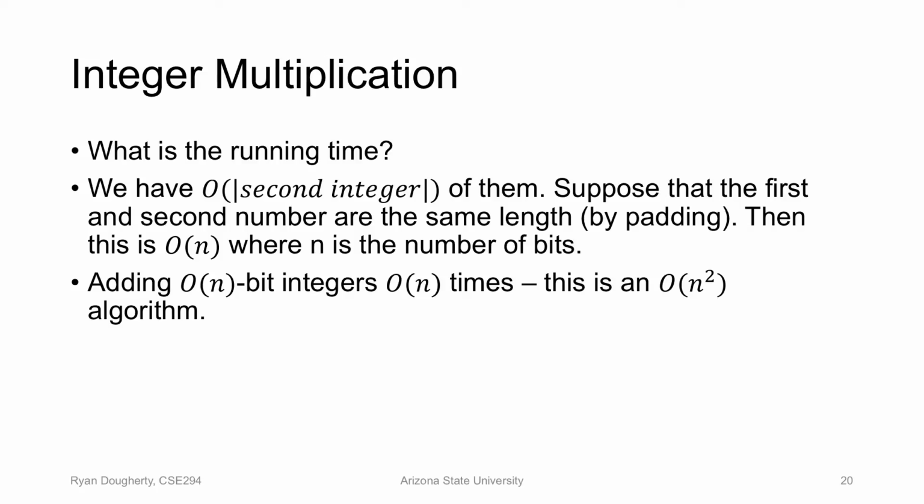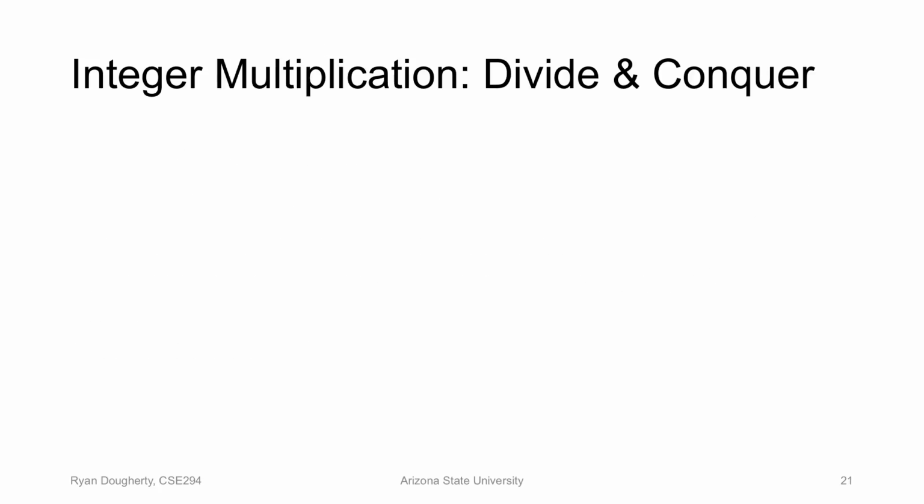That's an n-squared algorithm, where n is the number of bits here. This is not the number itself; this is the number of bits in the number. So, as I've said 3 times now, can we do better? And it turns out we can.